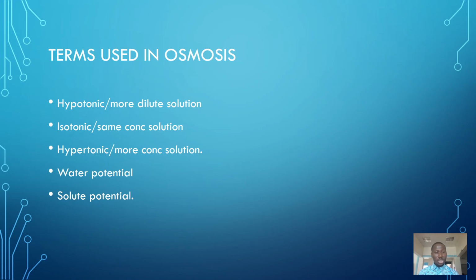Then water potential, we are talking about the tendency of water molecules to move, or the ability of water molecules to move. This is what we call the water potential. Potential is the ability. Then solute potential is the tendency of reducing the ability of water molecules to move.